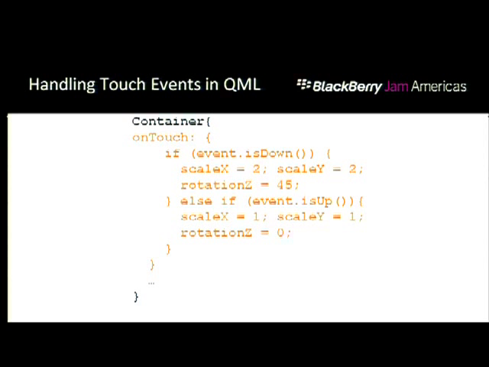And if you look at the logic here, you see that on event is down, we set the scale property of this container to 2 in both y and x direction, and we rotate it to 45 degrees. So when he pushes down, the bubble scales up and rotates. Then when you release the finger, we reset the values and it animates back into position.